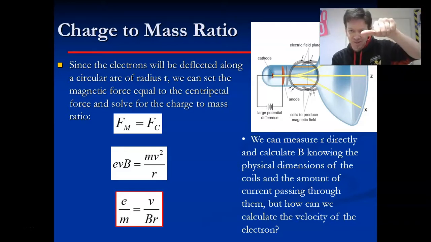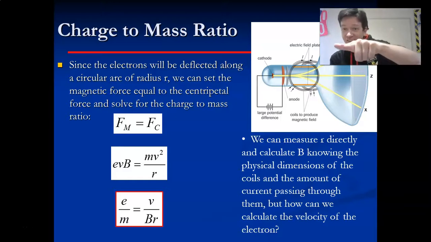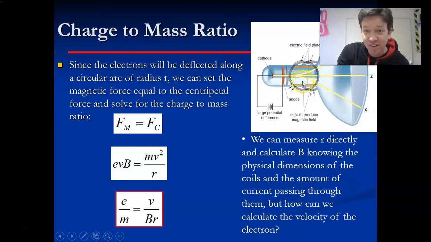I think it looks backwards on the video, but you do it. Your thumb's going to the right, and then your magnetic field B is going into the screen. And then you should have your middle finger pointing down. So if you turn on just the coils, it's going to cause this stream of particles to be deflected downwards towards X.